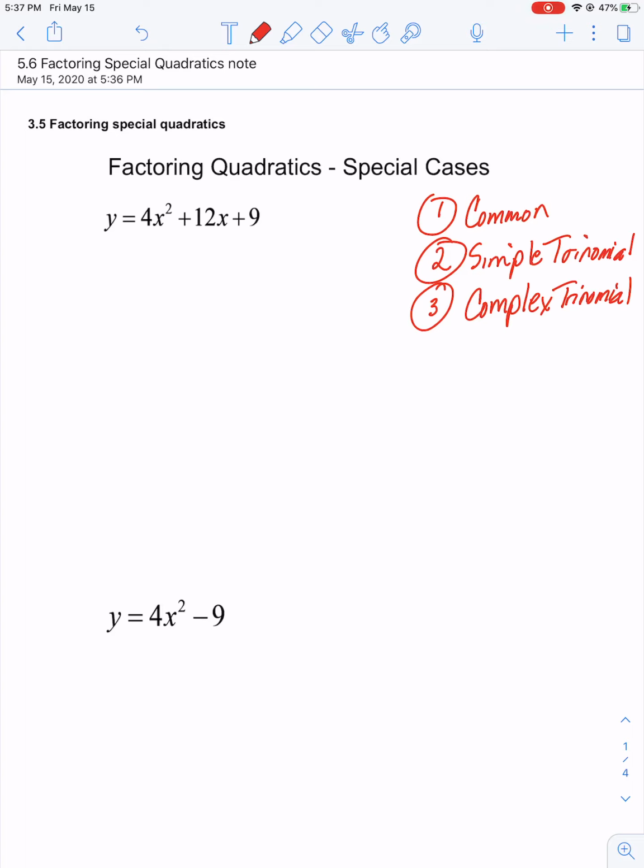There's one called, which is the very first one here. This is called, and we've actually already did some in the last lesson, it's called a perfect square trinomial. All right.